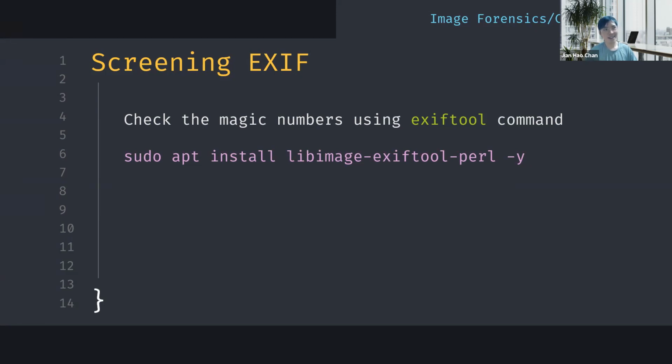If anyone has used Apple Maps, Apple Photos or Google Photos, this is how your devices are able to map your pictures to the location. And in this slide, I have a snippet of the command for installing exiftool for those who are interested.